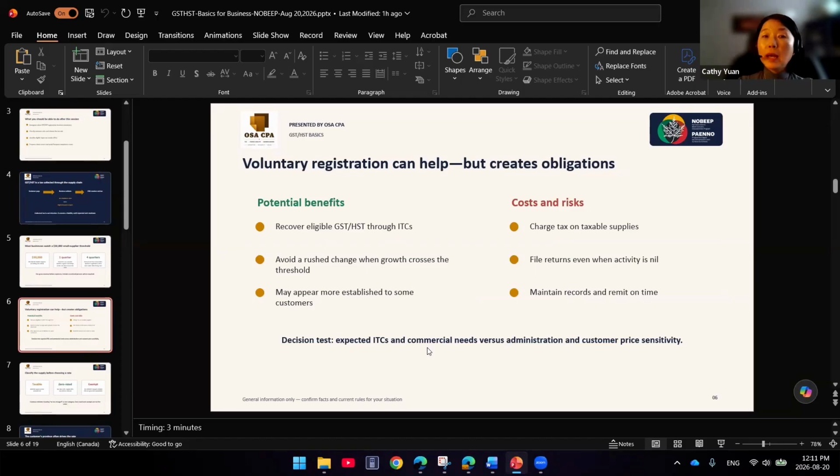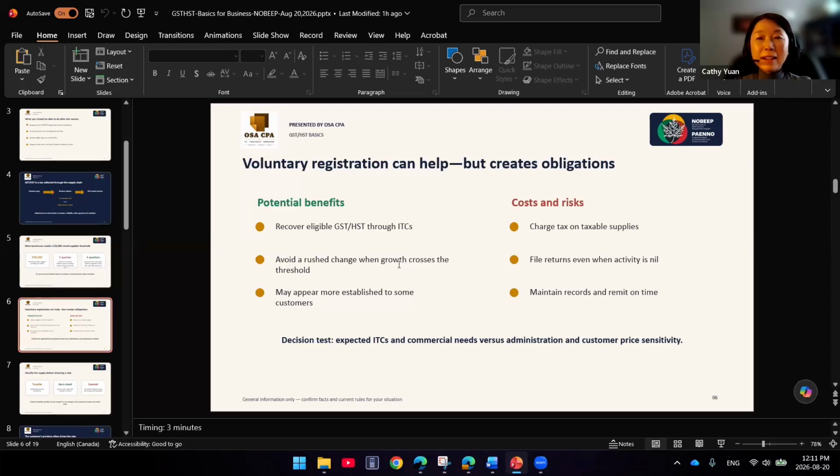The other is voluntary. I want to say more about voluntary registration because, as I said, it's a very good tax planning tool for a business, especially a new business, because we can see the potential benefits. One is recovering eligible GST/HST input tax credits. Also, we avoid a rush when we grow across the threshold.